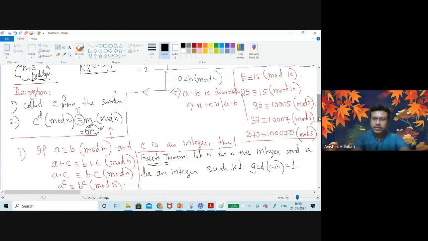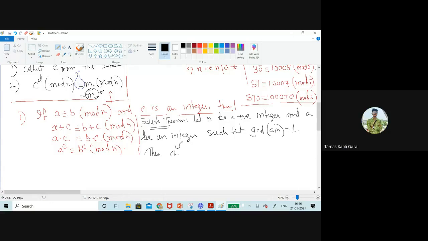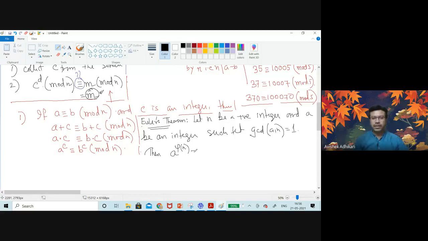Then, can anybody tell me what I can write? Then a to the power phi n is congruent to 1 modulo n. So this result is very important, and it will be used in proving this RSA equality.